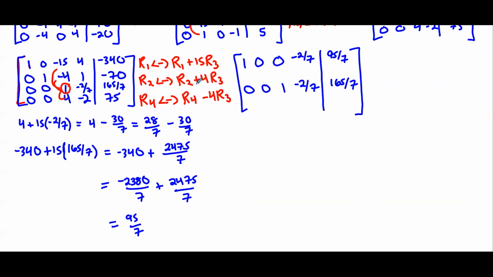Okay, for row 2, I'm going to add 4 row 3. So 0, 1. Negative 4 plus 4 is 0. And then I've got 1 plus 4 times negative 2 over 7. This is 7 over 7 minus 8 over 7. That's negative 1/7.